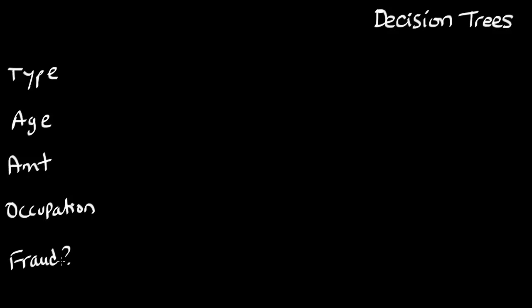So in terms of a decision tree, we might be able to get to the decision of whether fraudulent or not by looking at the combinations of the type, age, amount, and occupation. For example, for the type, we might have home insurance, travel insurance, or vehicle or motor insurance.